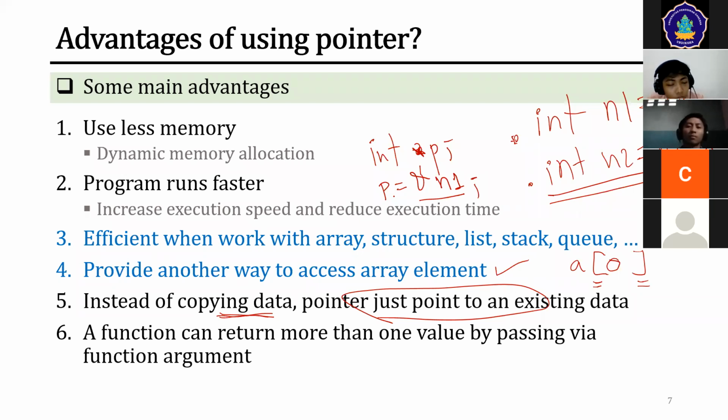So if you point to n1 directly, it does not make a new copy. It's not the same as this one. It just makes a pointer pointing to this variable in memory. And if we want another variable copy, we just make a new pointer, or change the pointer to point to another variable. This is just how it works.